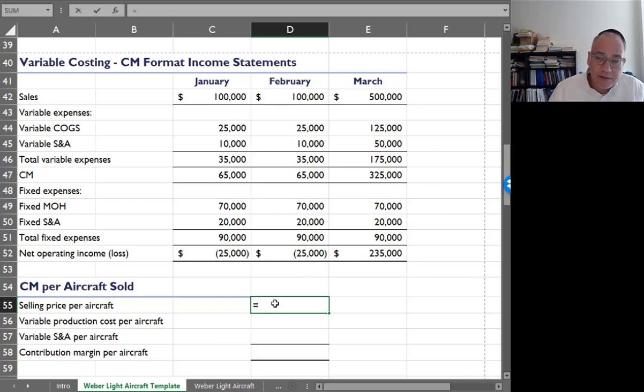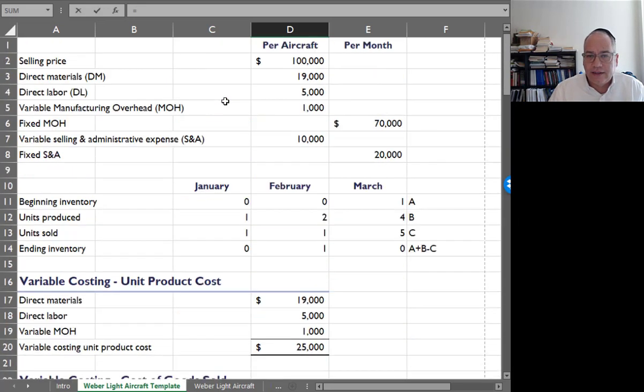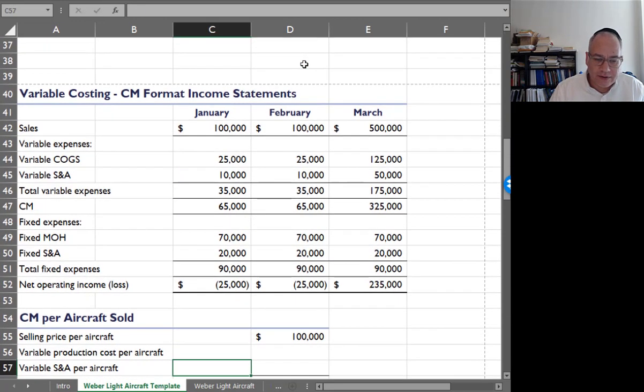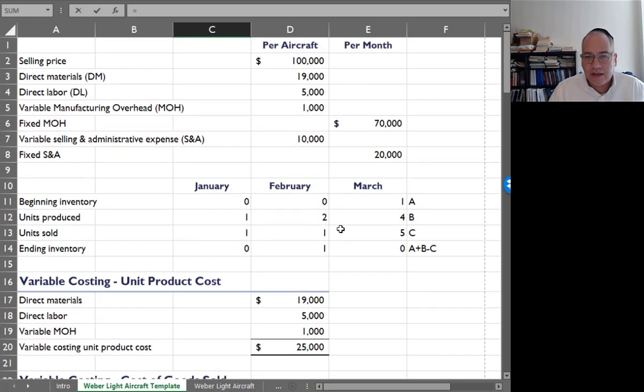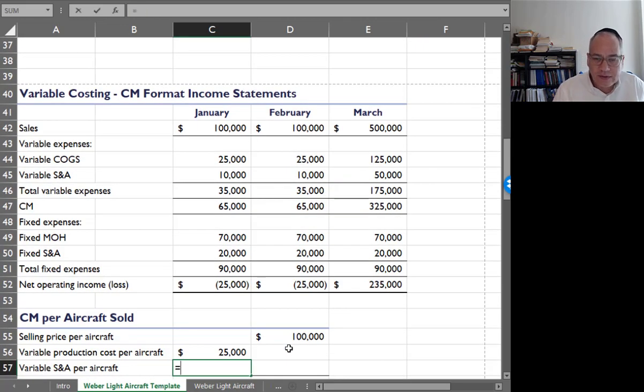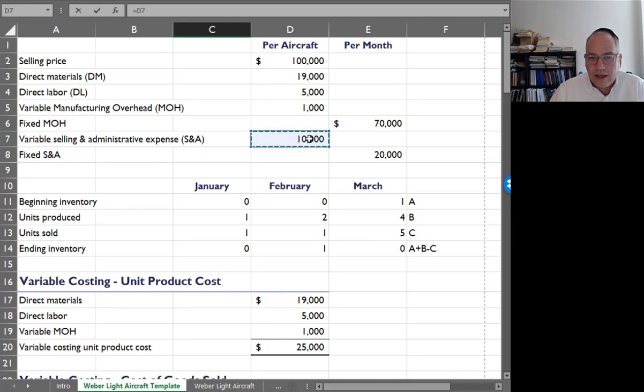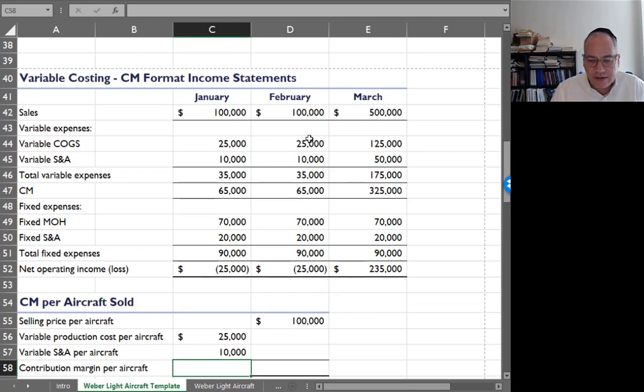So the selling price per aircraft again is $100,000. Here we go. The variable production cost per aircraft is $25,000. And the variable selling and administrative costs per aircraft is $10,000.